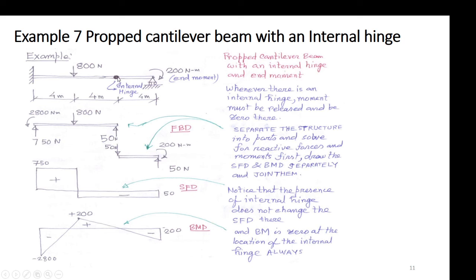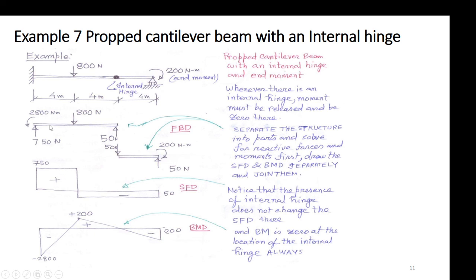The moment you see an internal hinge, please separate the structure into two parts, and you will have a shear force and not any moment. So you have to now solve an equilibrium problem first and find out the reactive forces, which should be easy for you after so much discussion. If you sort out the free body diagram for both the parts separately, you can explore how to draw the shear force diagram separately.